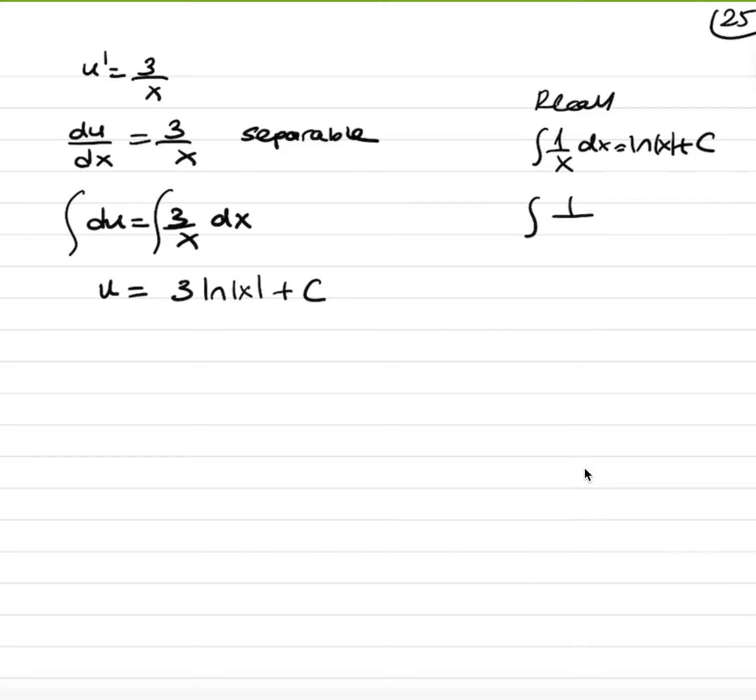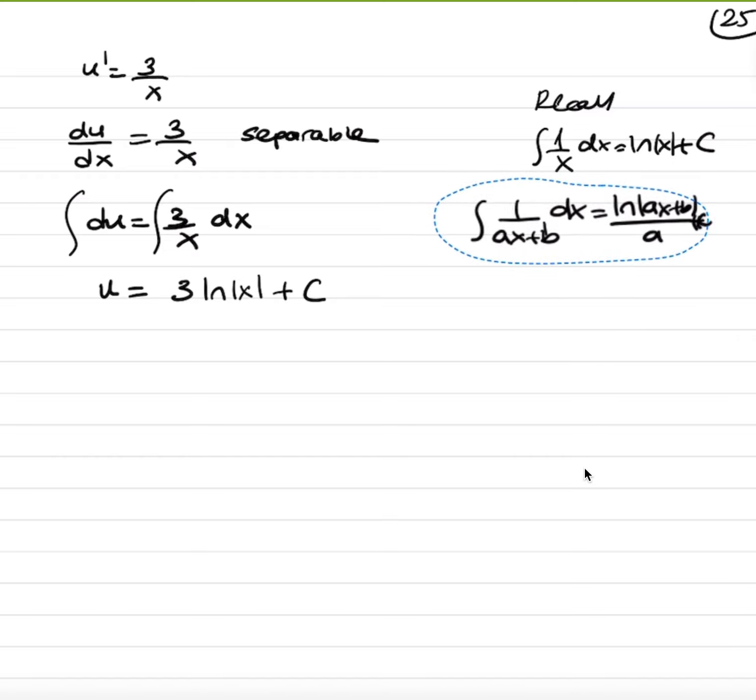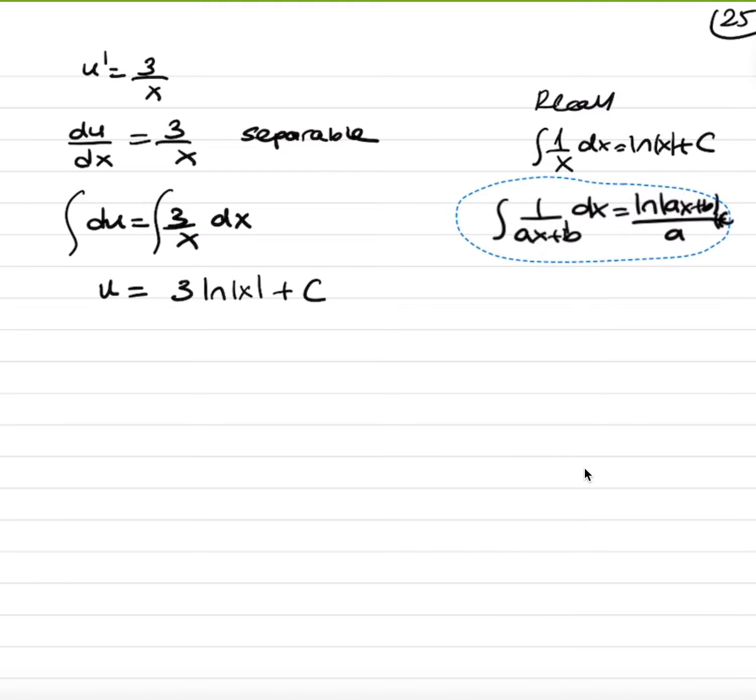Or in general, whenever we have the integral of 1 over ax plus b dx, this is ln of the absolute value of ax plus b over a, plus c. So don't forget plus c.